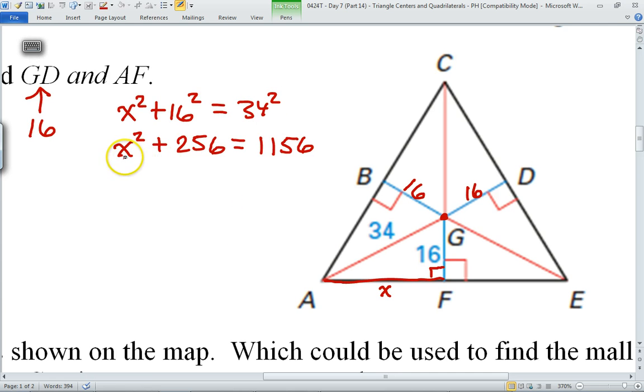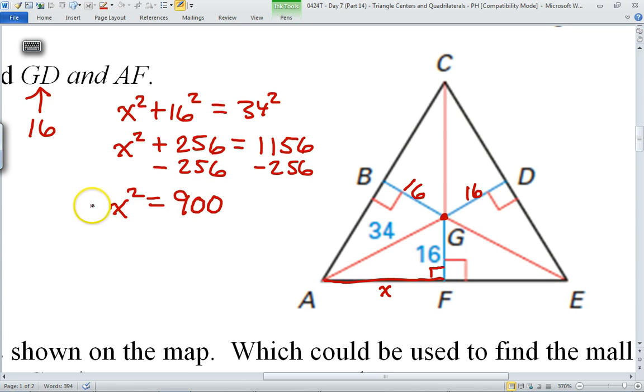So that gives us x squared plus 256 is equal to 1,156. Of course, we're going to subtract 256 from both sides. So that's going to leave me with x squared equals 900.